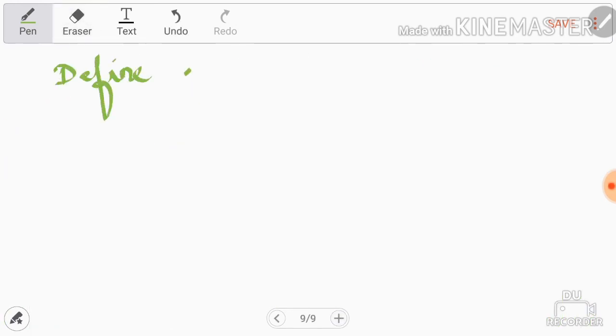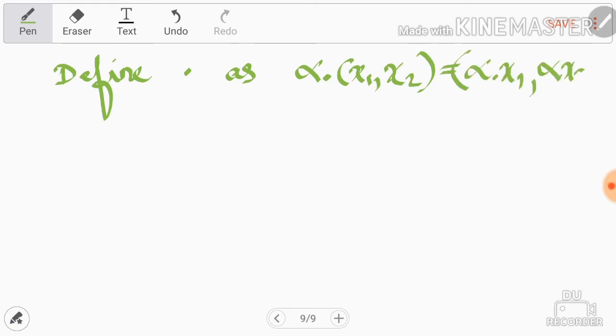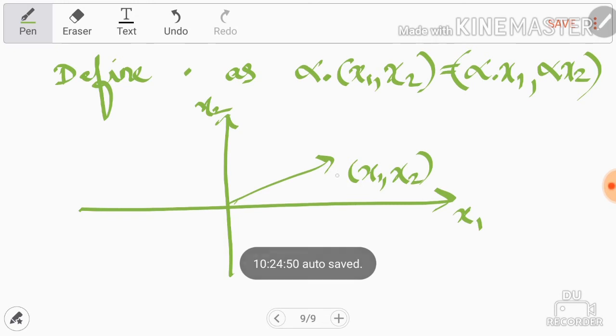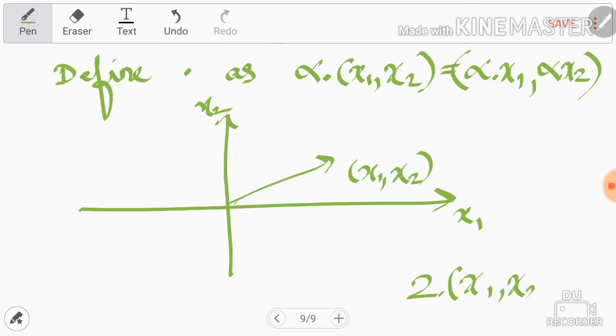You can define dot as alpha times (x1, x2) = (alpha x1, alpha x2). So this will simply mean that if you have an (x1, x2) in the space R2, what would it mean to multiply this by say 2?